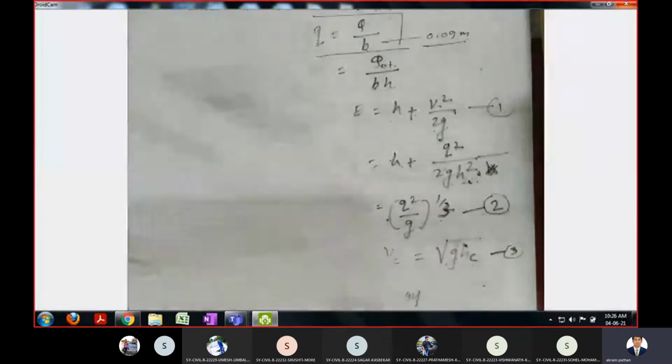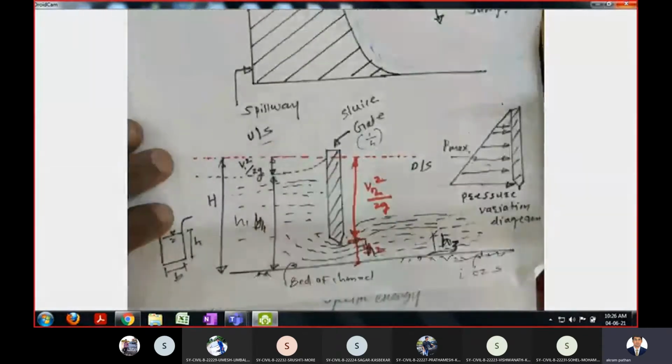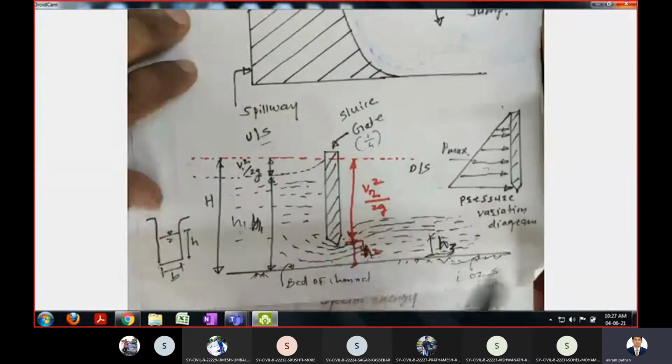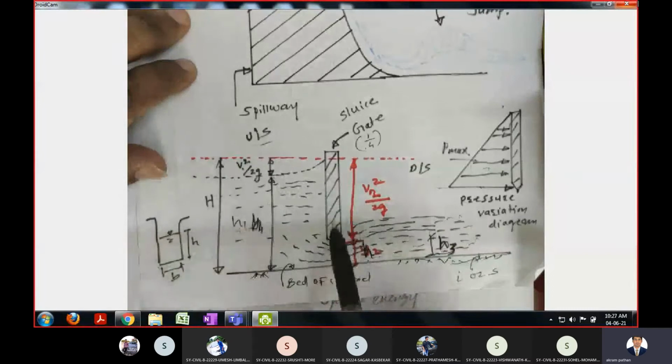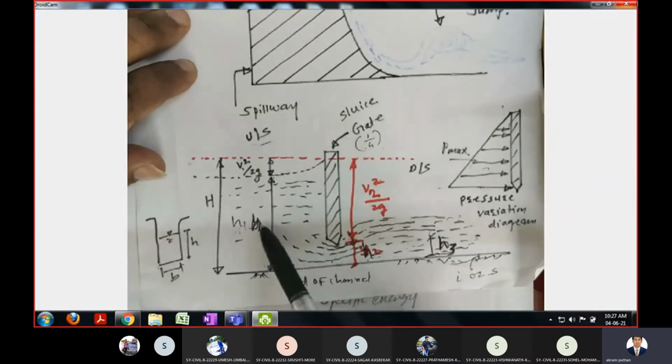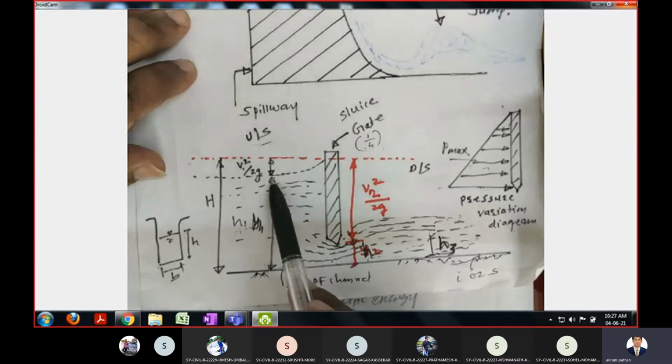Now here if you observe, we have a gate, and on the upstream side of the gate we have H1.